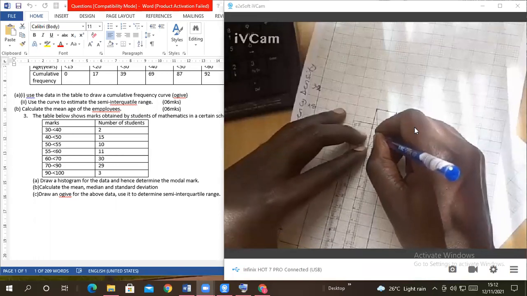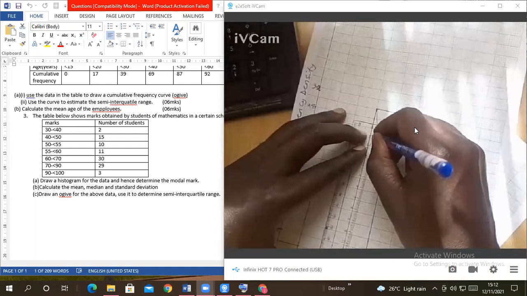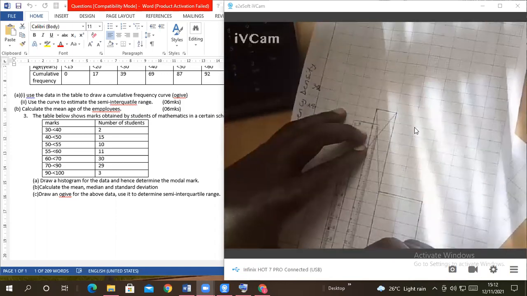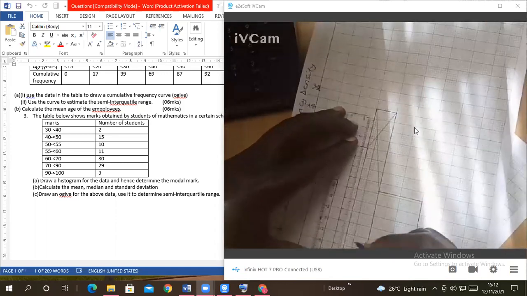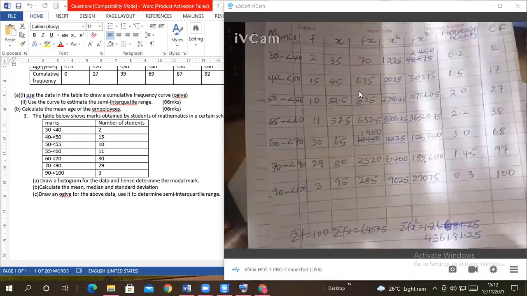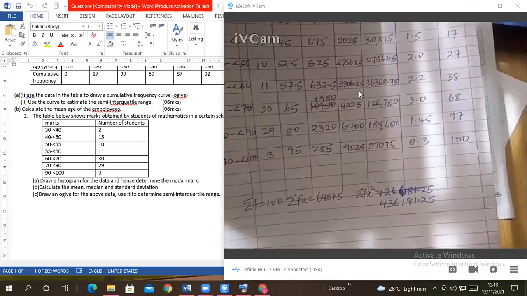Okay, and read off that. You are experts in reading this. I don't need to go through. You know what to do. You can read off and get the answer. The rest you are going to calculate: the mean, the median, and the standard deviation. That one you can calculate.